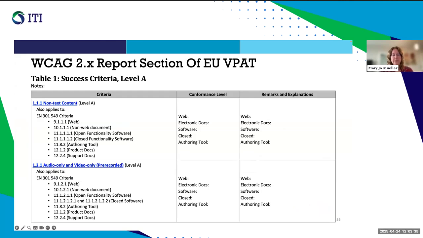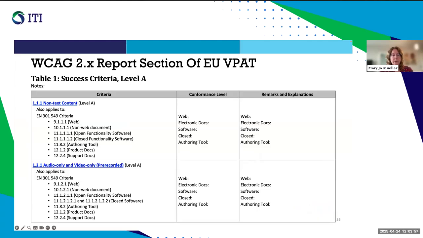Similar to the 508 edition, the WCAG report section of the EU edition includes references to the related EN clauses, as well as different categories in the conformance level and remarks and explanations column, based on the requirements in the EN 301549 standard.